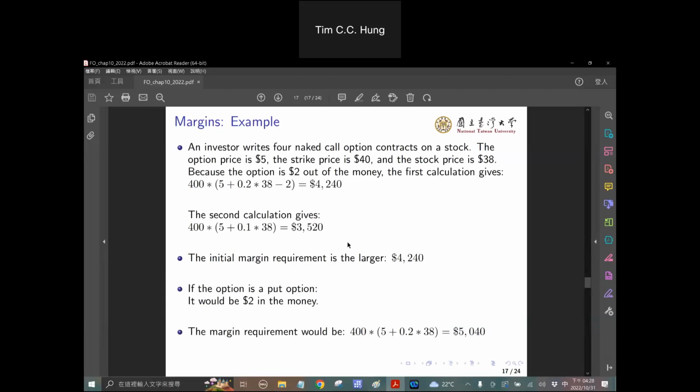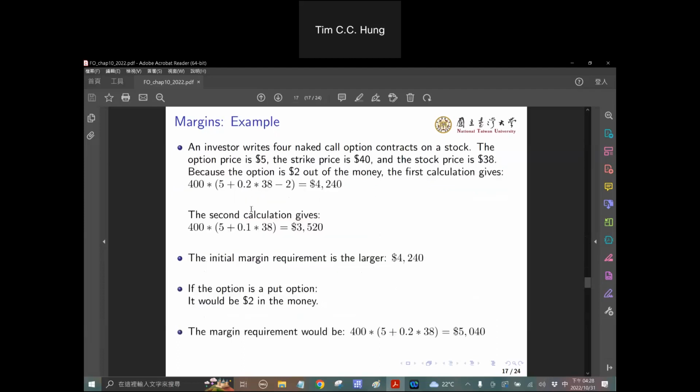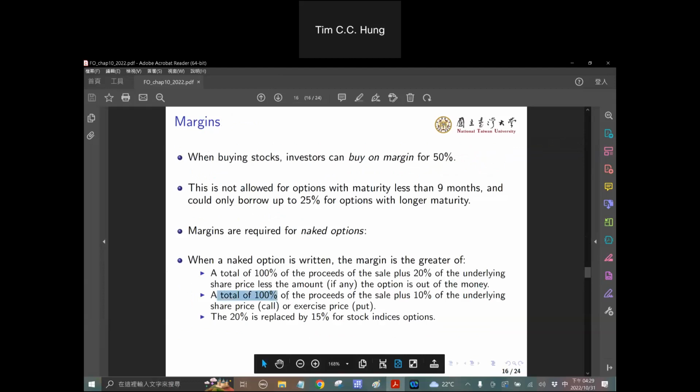So then the calculation will be that the margin the broker and also the exchange requires will be the greater of the two. It's either $5, that is what I mean by 100% of the proceeds, plus 20% of the underlying, the stock, which has a price of $38, minus $2, which is the amount that this option is out of the money, or 100% of the proceeds plus 10% of the underlying.